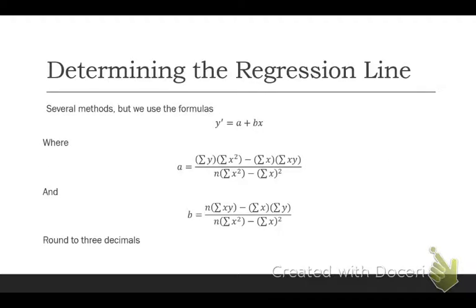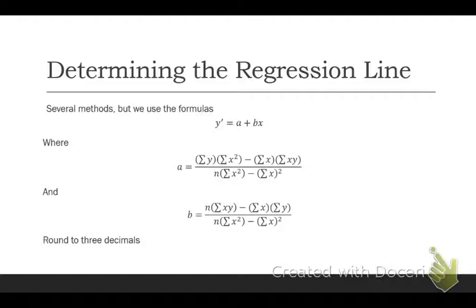So how do we find the regression line? Well, we have to use this formula. There are a lot of different methods, but for the sake of this book, we're going to be using sort of a spin-off of the linear function from Algebra 1, which is y equals mx plus b.